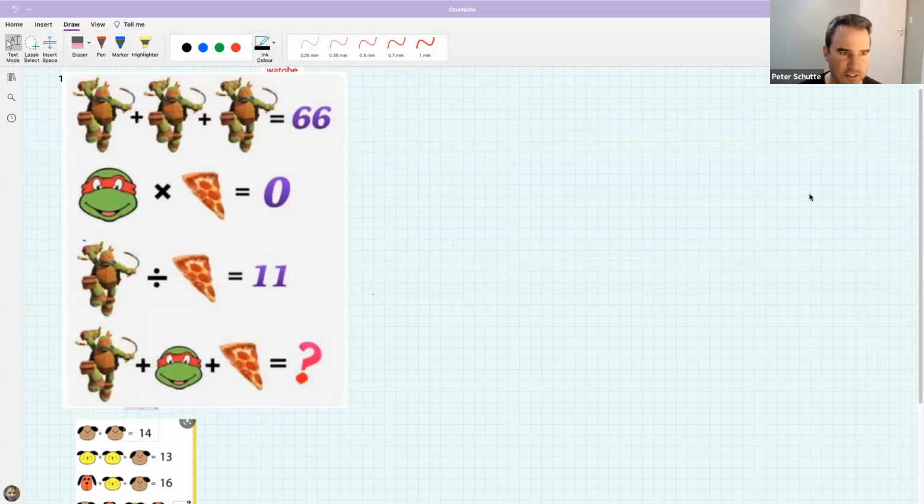Raphael the Ninja Turtle, that's the red one. Well done, that's pretty good, Avile. Mike, that's the other one, Michelangelo. Yes, well done. Okay, so he has to be 22. So that has to be 22, which means a pizza slice has to be 2. And then if the pizza slice is 2, then this Raphael guy has to be 0.